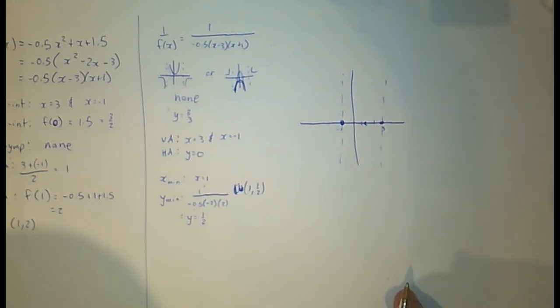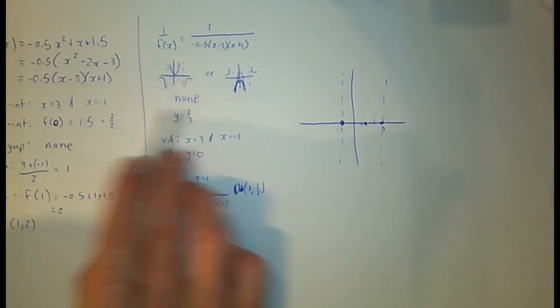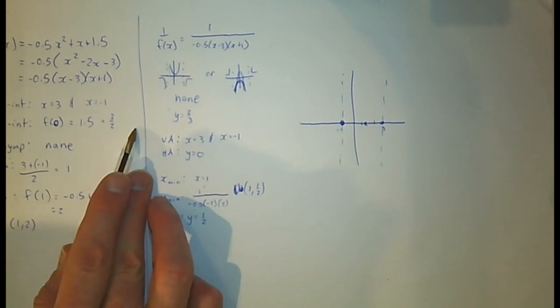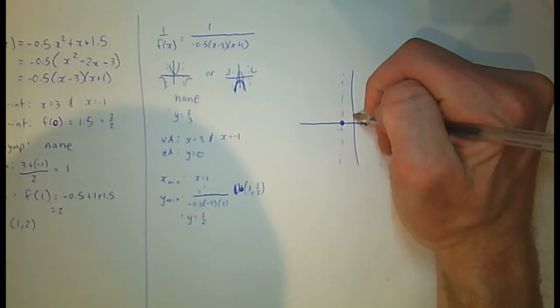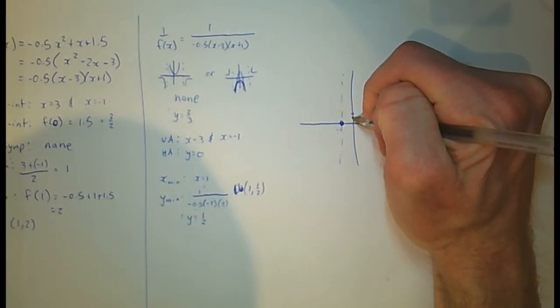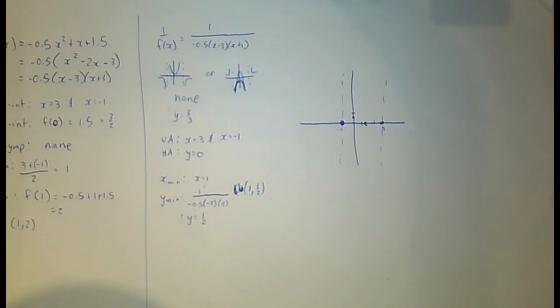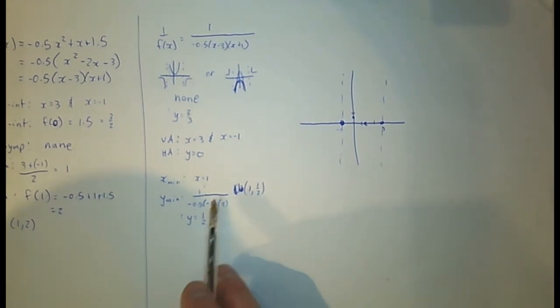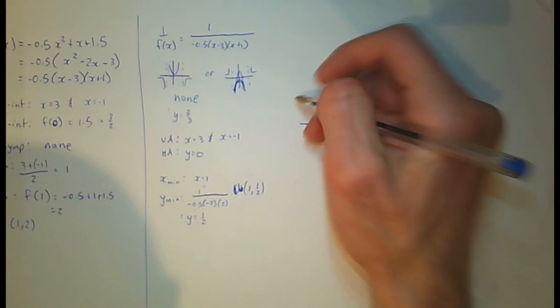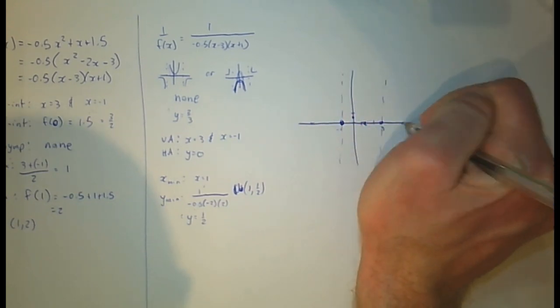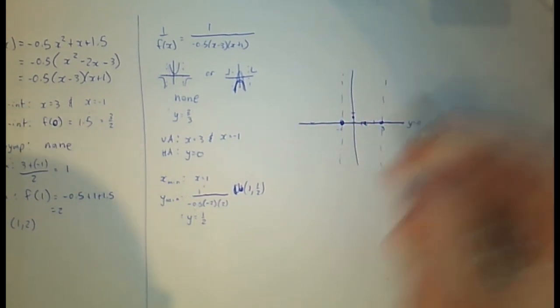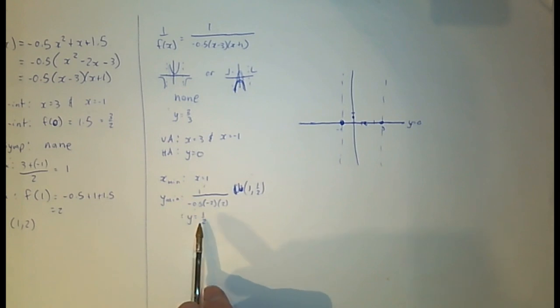I'm going to plot any other information I have, right? Our x-intercepts, none. Our y-intercept is going to be at 2/3. So if this is 1, it's at 2/3, it's roughly there. And our vertex point, sorry, I forgot to do my horizontal asymptote, can't really tell it's there. Our minimum point is going to be at (1, 1/2).